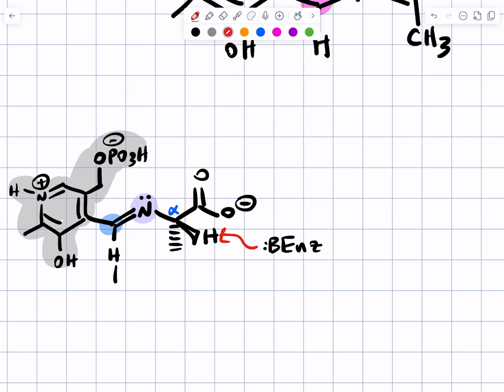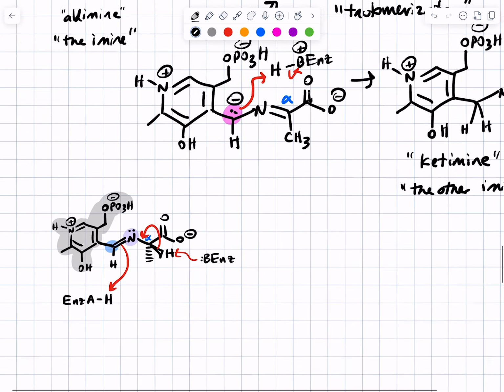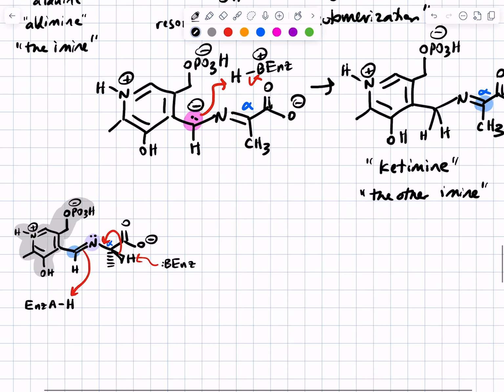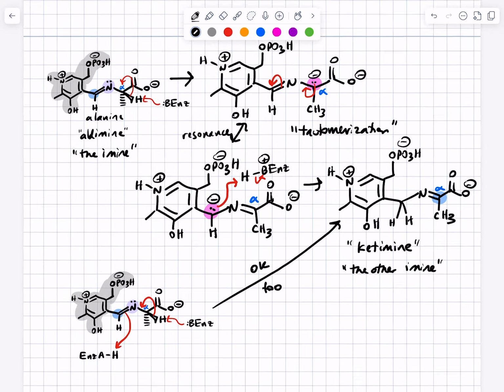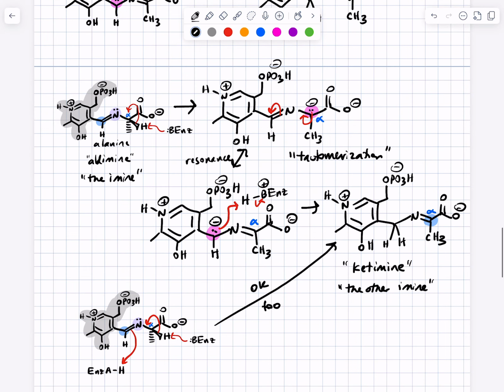But if you wanted to, you could draw the deprotonation and the protonation steps all in the same step. I think some of you may like that better, and that's fine. To go straight to the ketimine, and that's okay too. Okay, other questions about that?